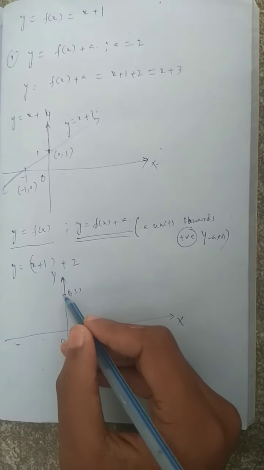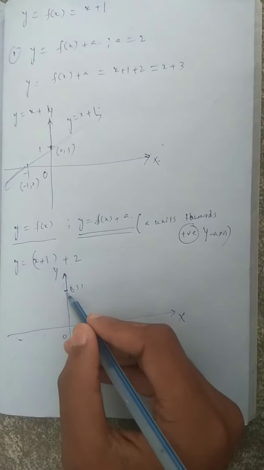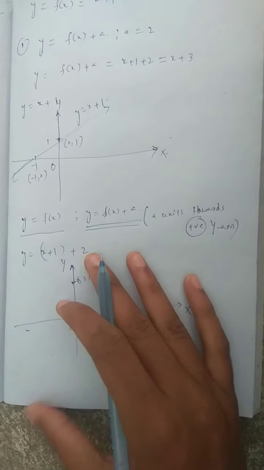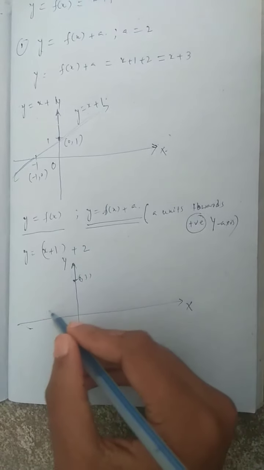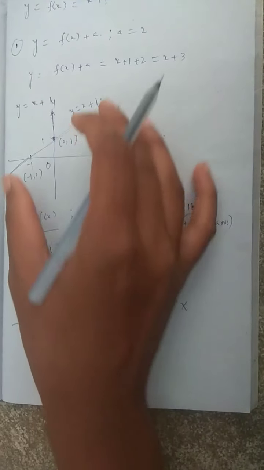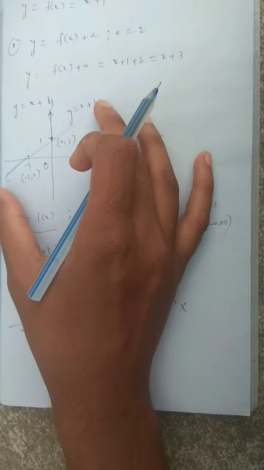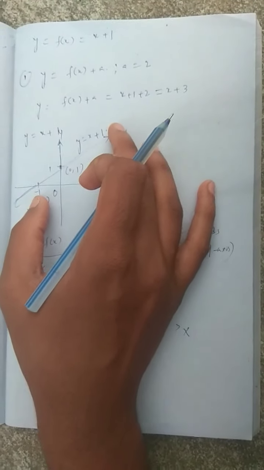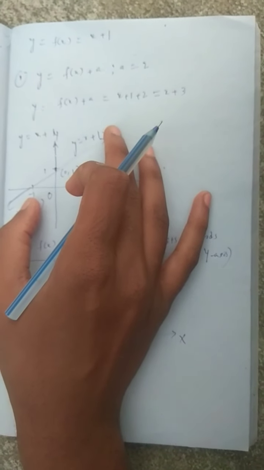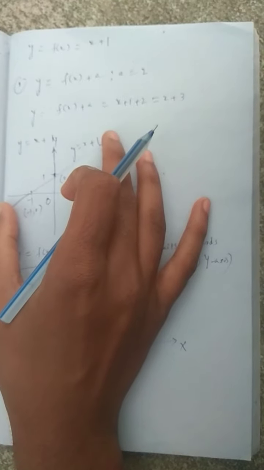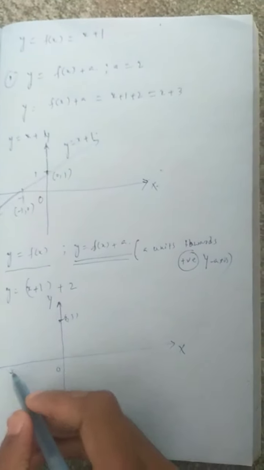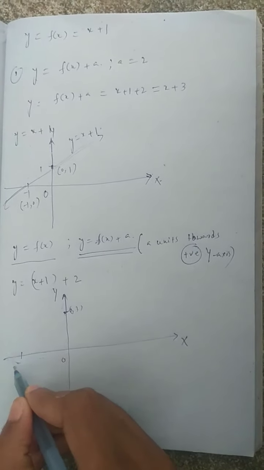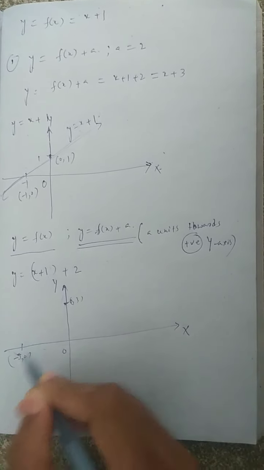So the y-intercept now will be at 0, 3. At the same time, when we transform this line 2 units towards positive y-axis, the x-intercept will be at minus 3, 0.